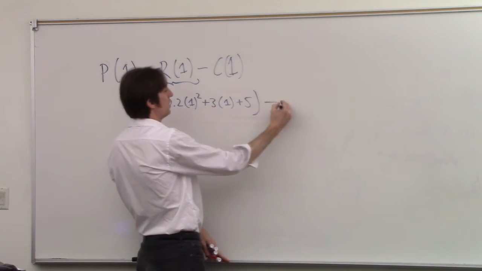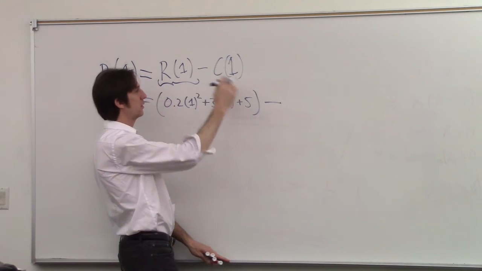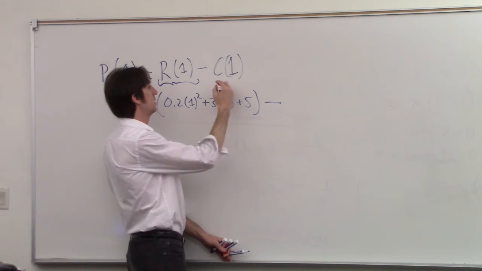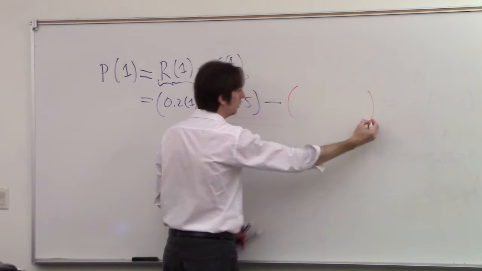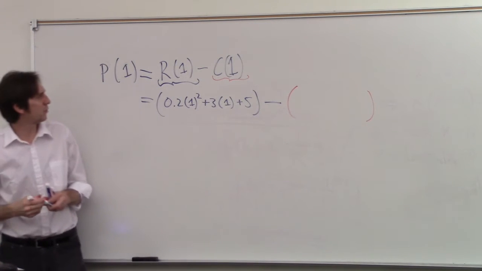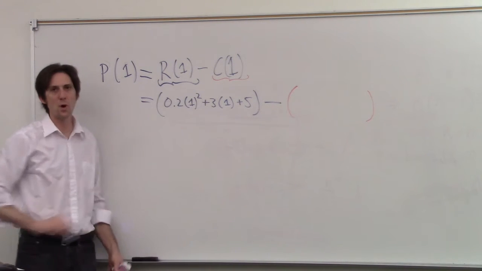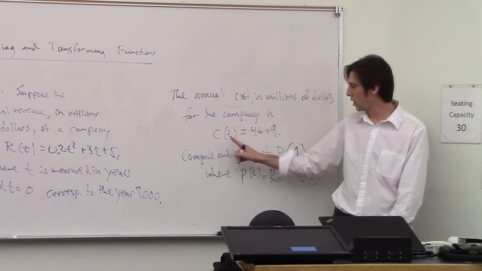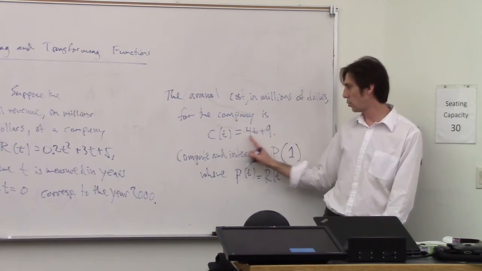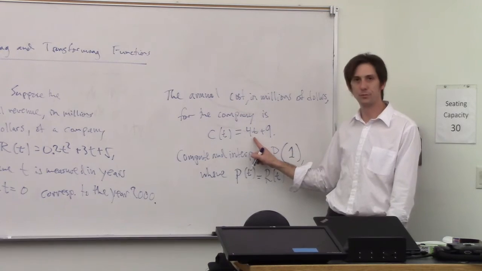The next part in my formula, what I'm told to do is subtract, and then I should subtract C of 1. We're going to put that in parentheses here. To get C of 1, I do the same thing that I did in order to get R of 1, but this time instead of replacing t with 1 in the formula for R, we're going to replace the t in the formula for C with 1.